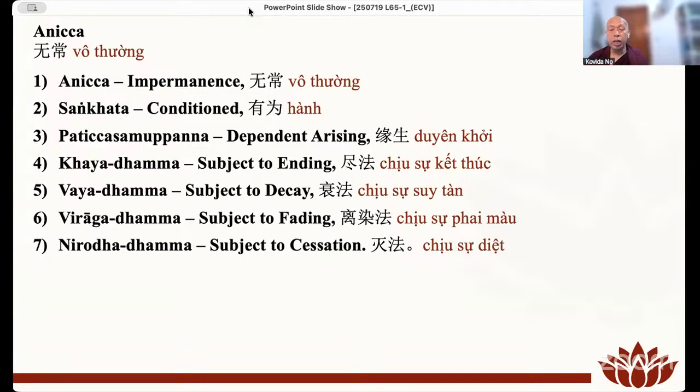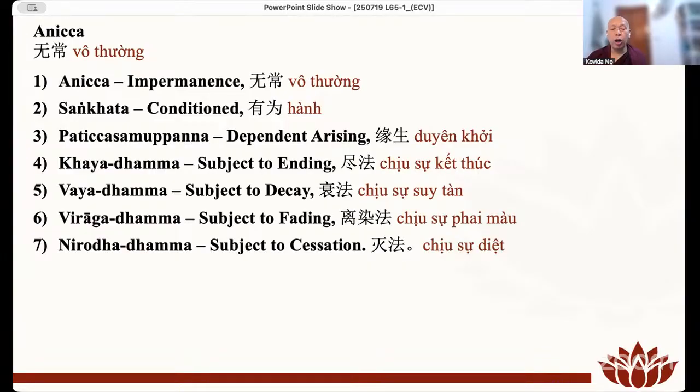That is paticcasamuppada, dependent arising. We can also understand causal arising: if there is a cause, there is an effect. Some are present causes, some are past causes. Without a cause, they cannot arise. That is why we say samuppada, dependent arising. Then khaya dhamma, subject to destruction or passing away. Another is vaya dhamma, subject to decay.